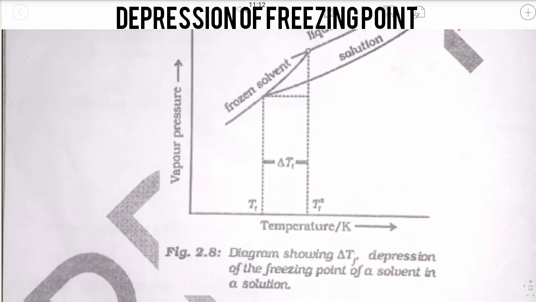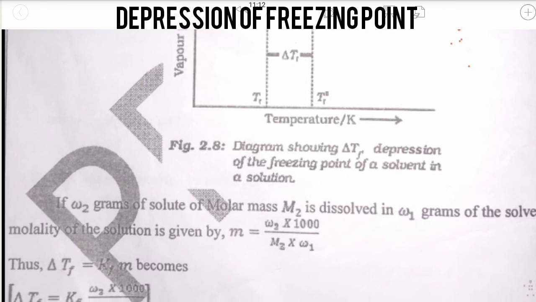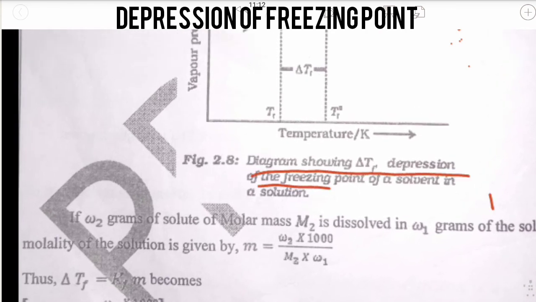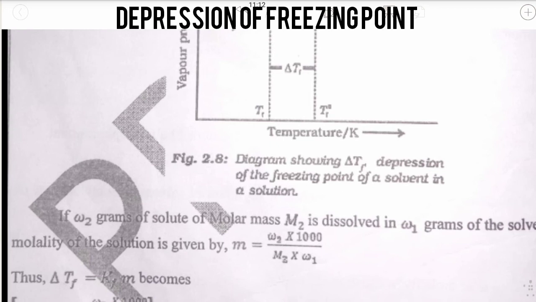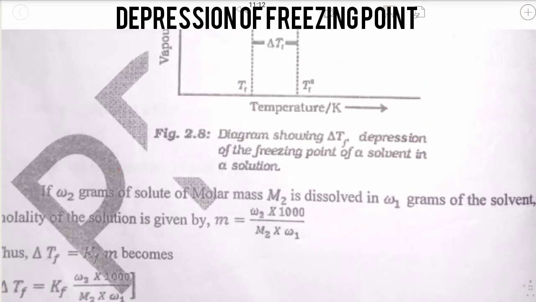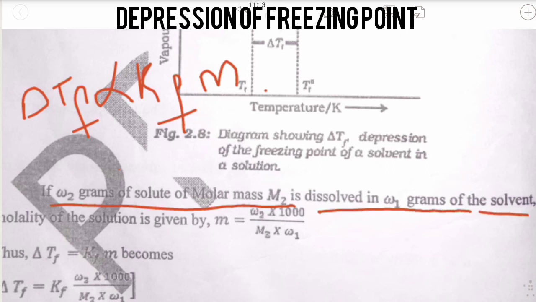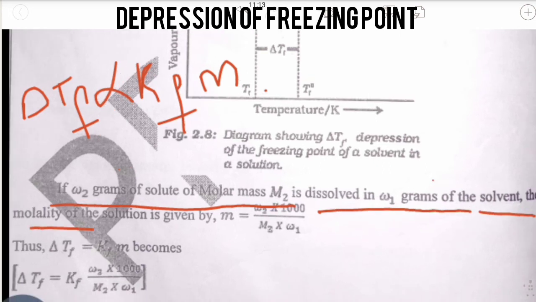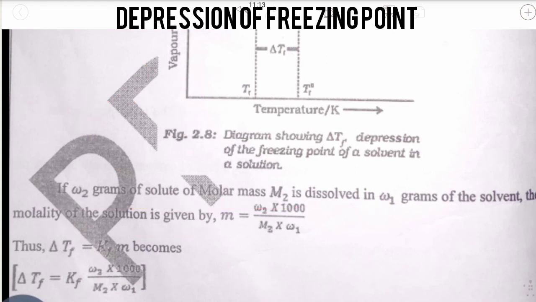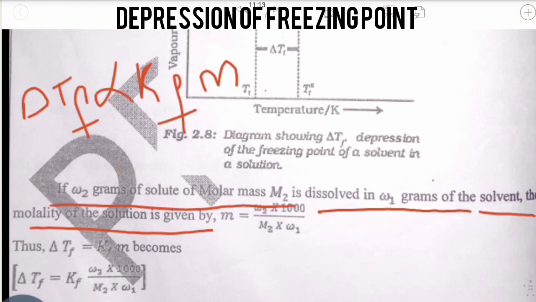This is the diagram showing delta Tf, the depression of the freezing point of a solvent in a solution. We have the equation delta Tf is directly proportional to Kf and m. If W2 grams of solute of molar mass M2 is dissolved in W1 grams of solvent, the molality of the solution is m equal to W2 into 1000 divided by M2 into W1.